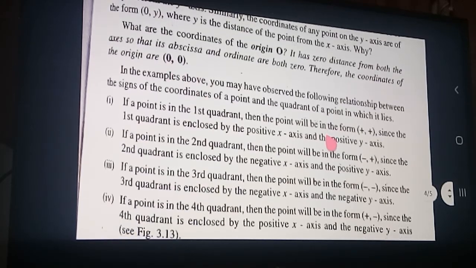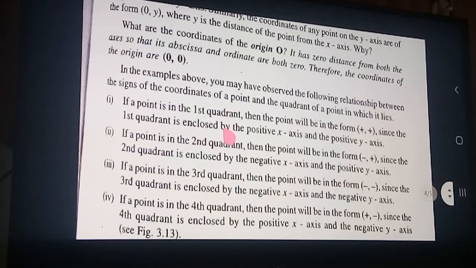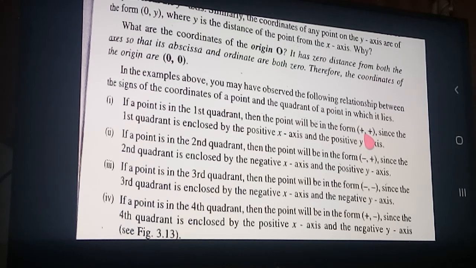If a point is in the first quadrant, I told you both are positive, because it is enclosed by the positive direction of the x-axis and the positive direction of the y-axis. Therefore plus plus; second quadrant minus plus; third quadrant minus minus; and in the fourth quadrant, plus and minus.